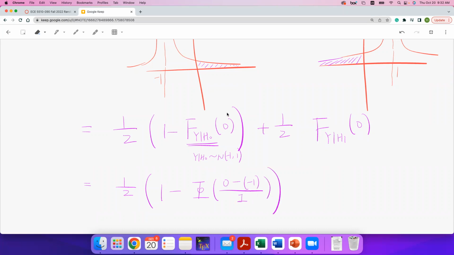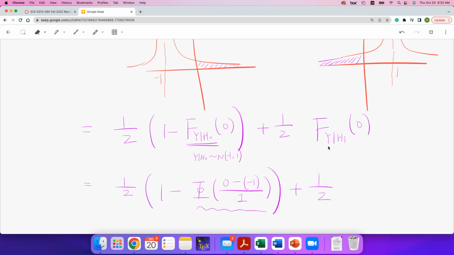This one is the CDF of the standard Gaussian random variable. Well, inside we need to normalize this variable. So 0 subtract the mean is -1 divided by the standard deviation. So this corresponds to the CDF of the normalized Gaussian.